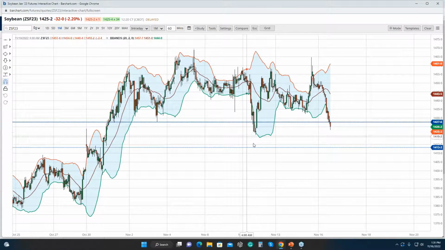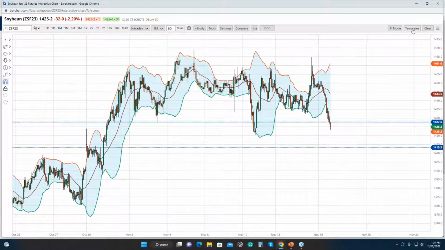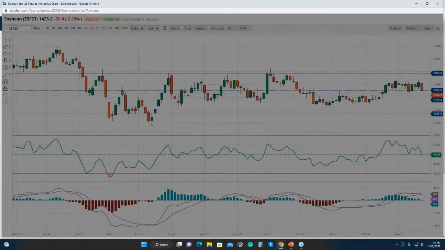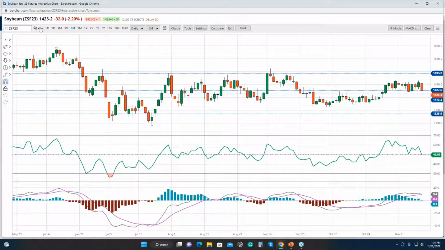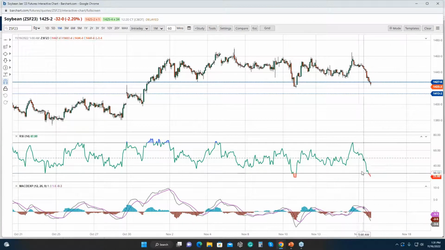And do I see structure? Do I see a candlestick pattern? Do I see technical evidence that price has fallen too far too fast, right? We're in an oversold zone based on our RSI.